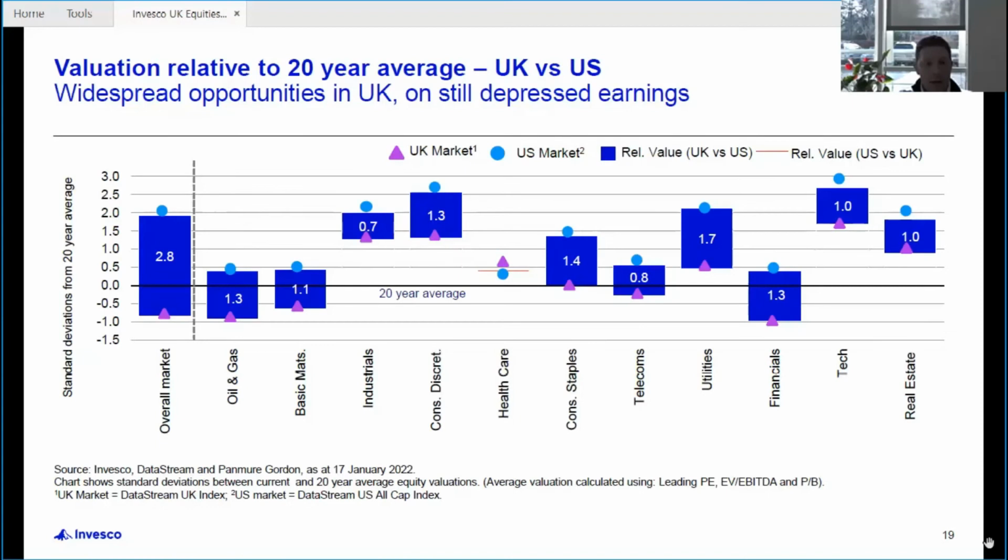And again, to remake the point that this isn't just about the tech sector, in only 1 out of those 11 cases is the UK sector more expensive relative to its history than the US equivalent sector, and that's in healthcare. In every other case, and in the market overall on the left-hand side, there's a very, very big gap opened up in that valuation relative to history. So we do think there is value in the UK market.